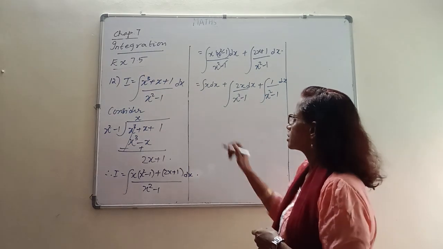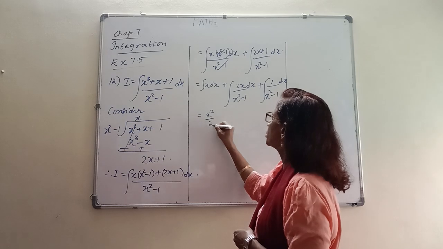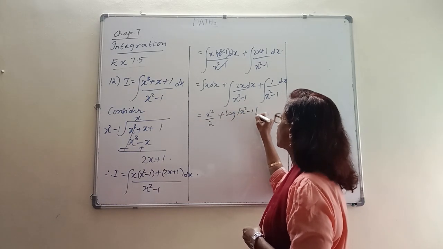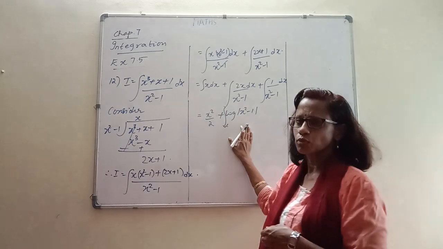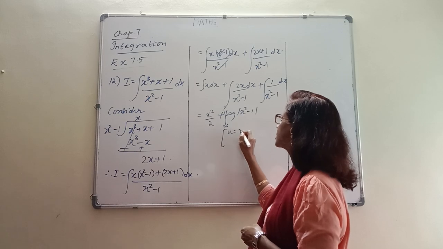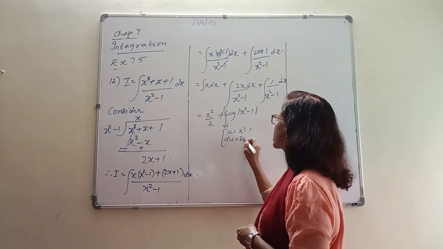So let's see now what this is. The integral of x dx is x squared over 2. This, as I said, is log modulus of x squared minus 1. Now a small advice for those for whom it has not become clear: you can just substitute u as x squared minus 1. So du will become 2x dx.